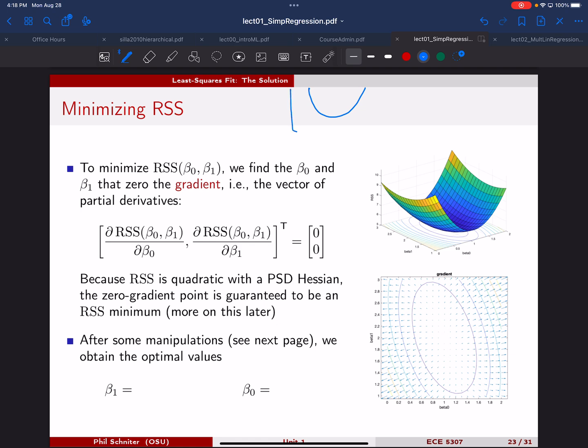And if you plotted, for any value of beta 1 you chose, the RSS as a function of beta 0, you would get some parabolic shape that looks like this. This is because with a little bit of manipulation, it's easy to convince yourself that RSS is just going to be a quadratic function of beta 0. So it has that parabolic shape.